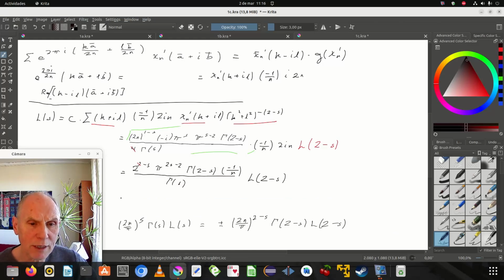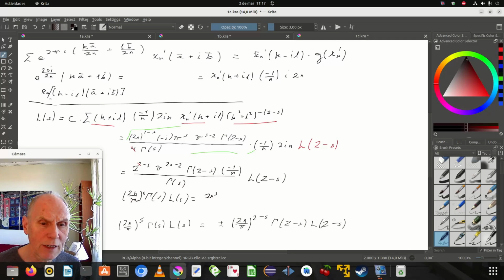We multiply this by 2n divided by pi to the s gamma s L of s equals, and then we have gamma s is out, and then it's 2n to minus s, no, 2n to s, and we have multiplied by pi.